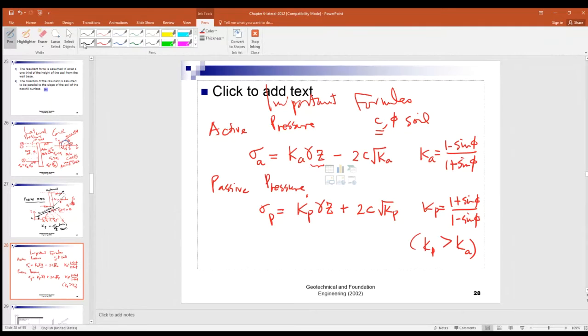Now, of course, in your notes, the formula may be written with tangent squared of 45 degrees minus phi over 2, minus 2c tangent 45 degrees.